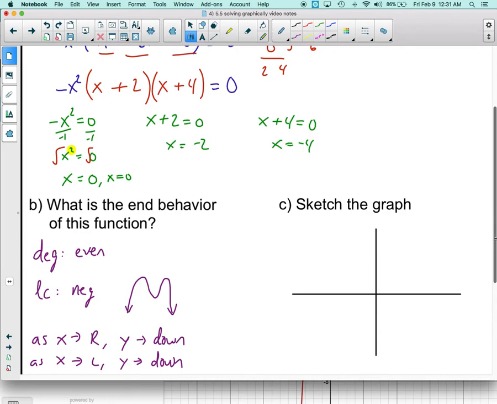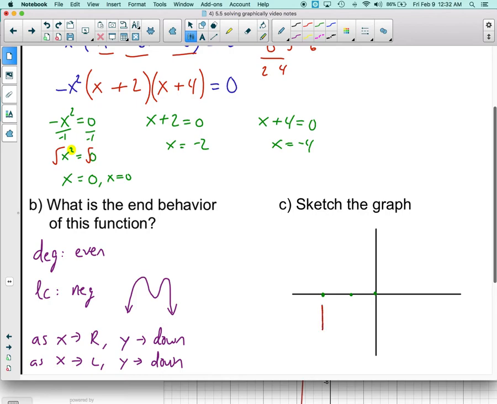Let's combine those two ideas where we have our solutions, which again are x-intercepts. So we have an x-intercept at 0, an x-intercept at 2, then an x-intercept at negative 2, and then an x-intercept at negative 4. So what's our graph going to look like? We know that the left end is supposed to start going down.